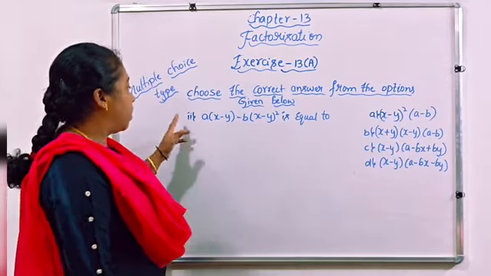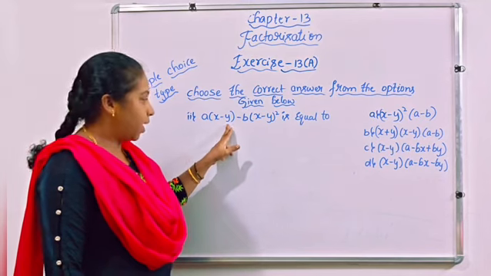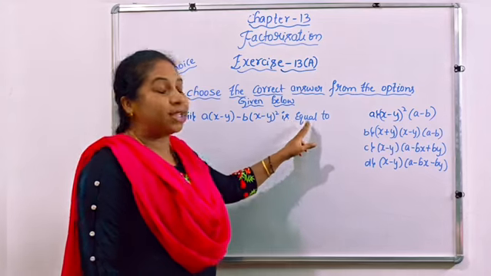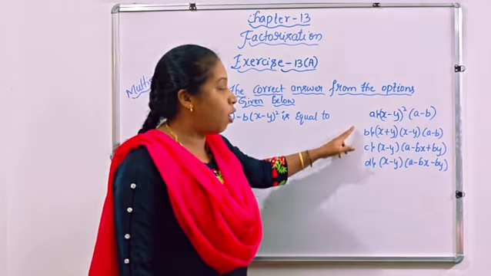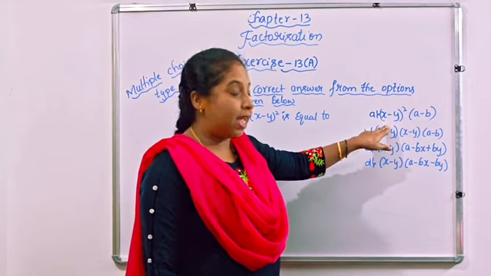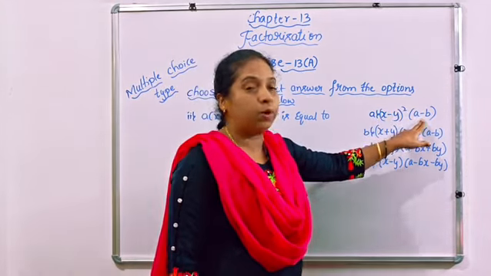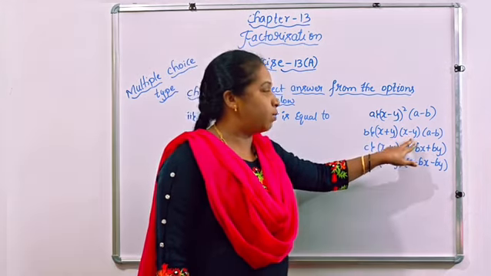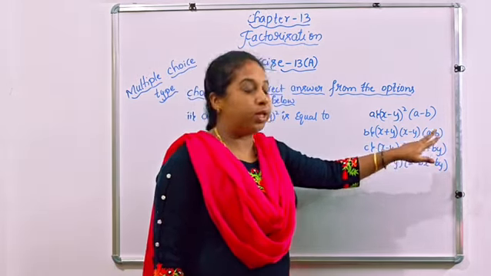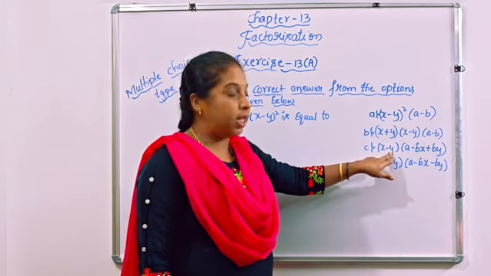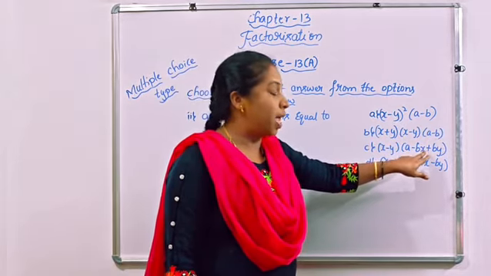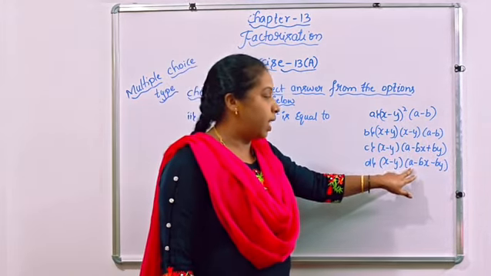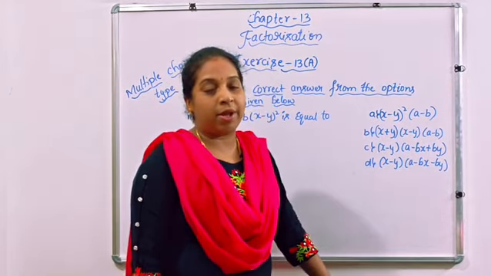Second question: a into x minus y minus b into x minus y whole square is equal to. They have given four options: a1 x minus y whole square into a minus b, b1 x plus y into x minus y into a minus b, c1 x minus y into a minus bx plus by, d1 x minus y into a minus bx minus by.